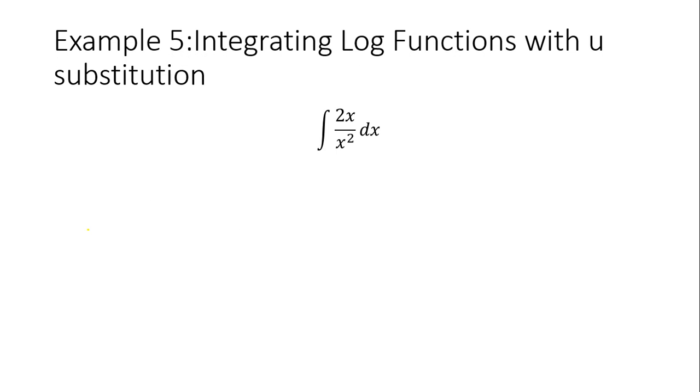Now with some u substitution, they can get a little complex. For example, if I have 2x over x squared, I'm going to let u be that x squared. The reason why I'm letting my denominator be the u is because the form that I want is 1 over u.